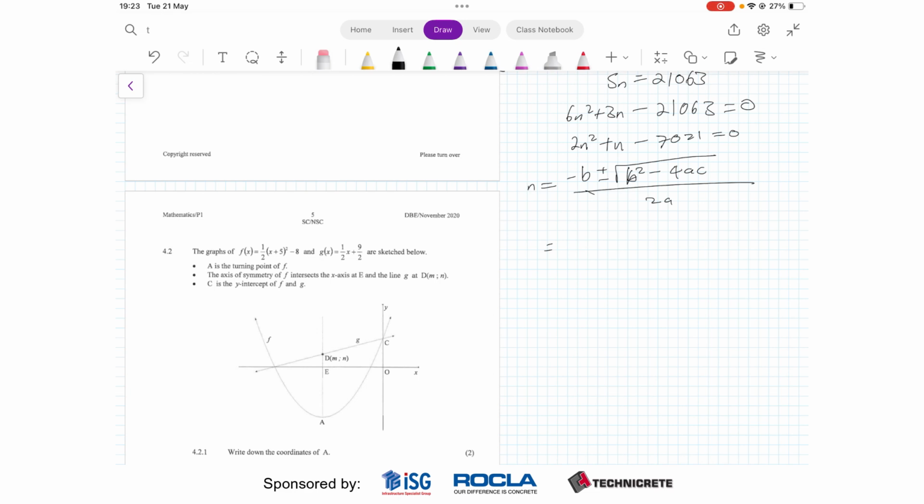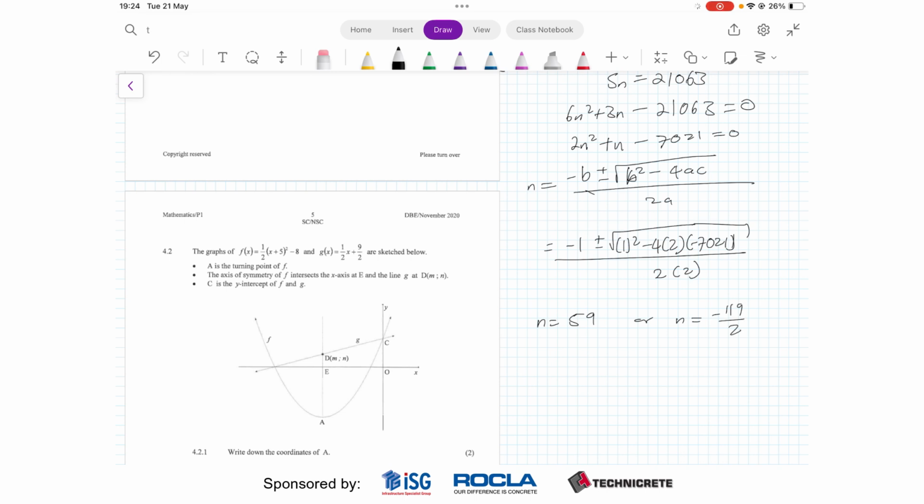Our b is 1, so minus 1 plus or minus the square root of 1 squared minus 4 into 2 into minus 7,021, close the bracket, over 2 into 2. Then finally we have that n is equal to 59, or n is equal to minus 119 over 2.